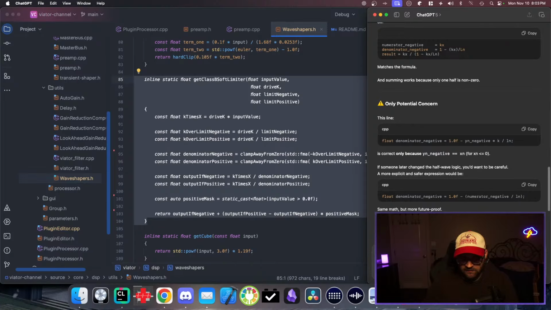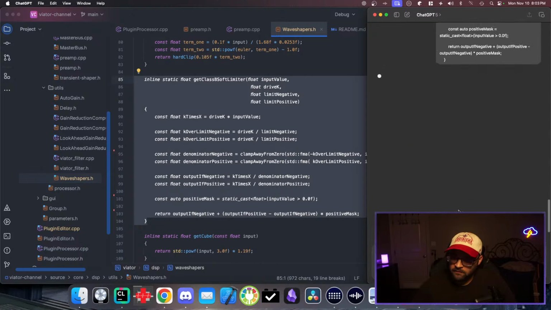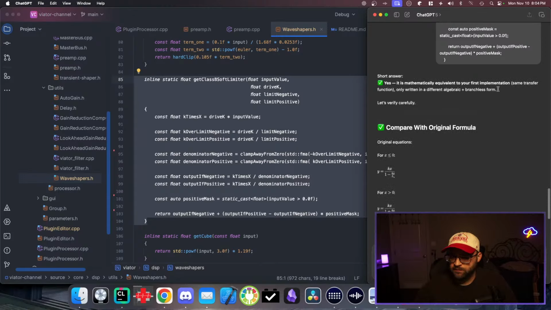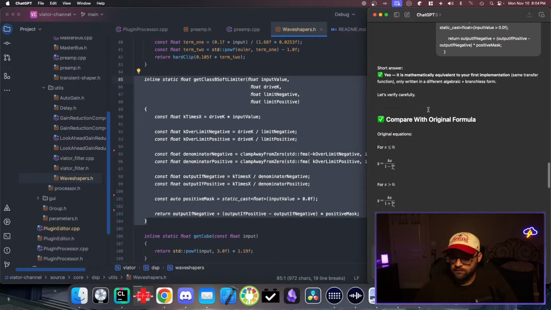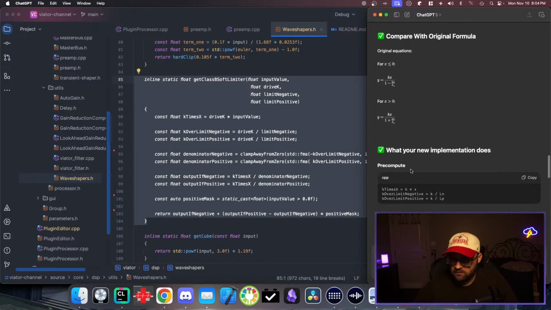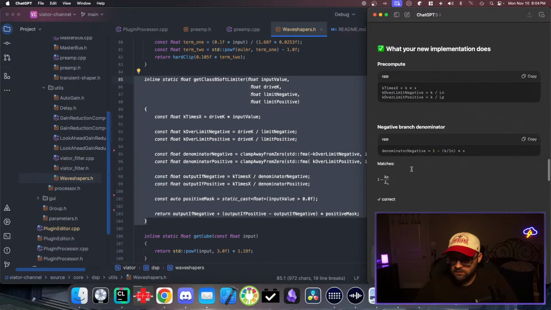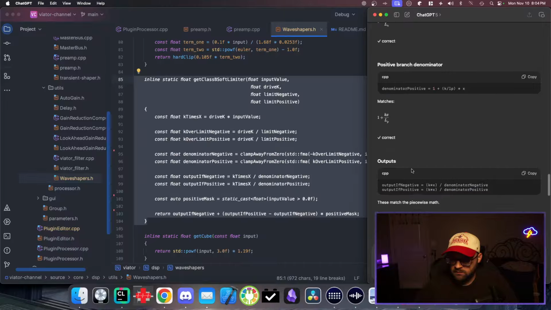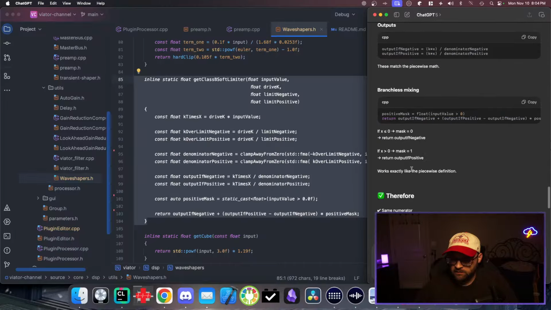Is it different? It's mathematically equivalent to the first implementation, only written in a different algebraic branchless form. Yeah. I figured that would be the case.